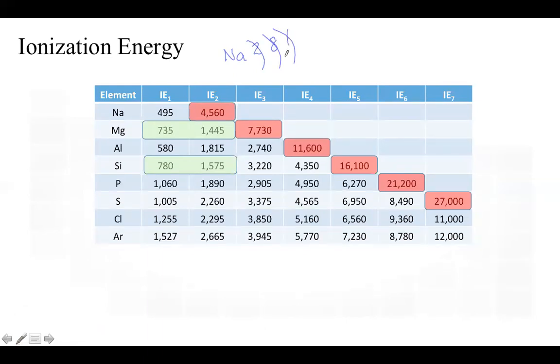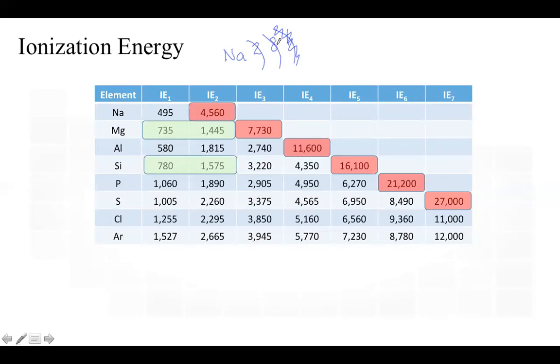If we are taking away that first electron, now we have moved into a closer principal energy level. So once we remove this first one, for the second ionization we're trying to remove one of these electrons from the second principal energy level.